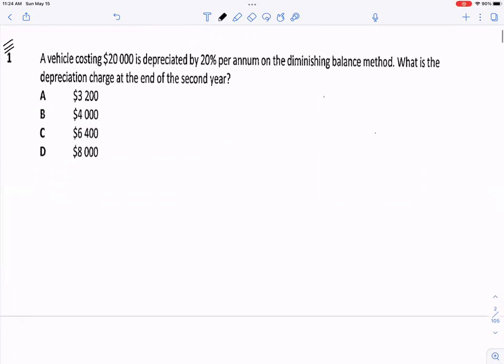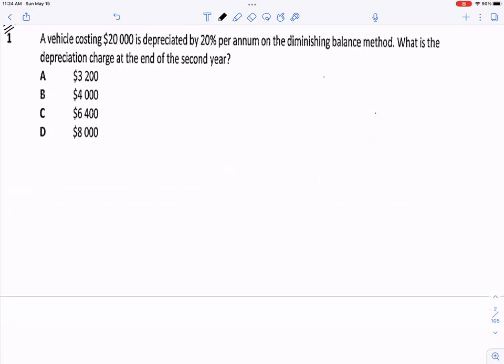Start with the first one. That was the first, in 20,000. First year depreciation is 4,000. Do you agree? Yes.